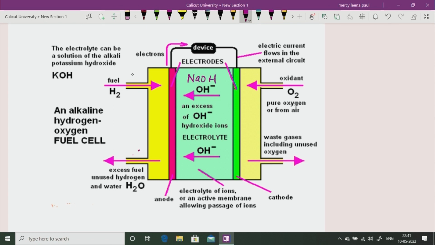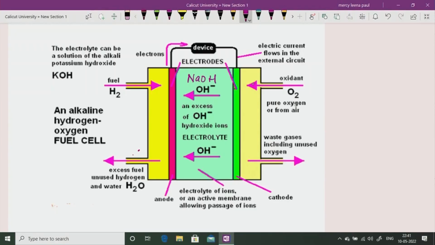Now, here when hydrogen enters, since this graphite sheet is porous, it passes through it and bubbles through the NaOH solution or potassium hydroxide solution, whatever you have taken. On this side you have oxygen which goes inside the pores of this diaphragm and then bubbles into the NaOH solution.